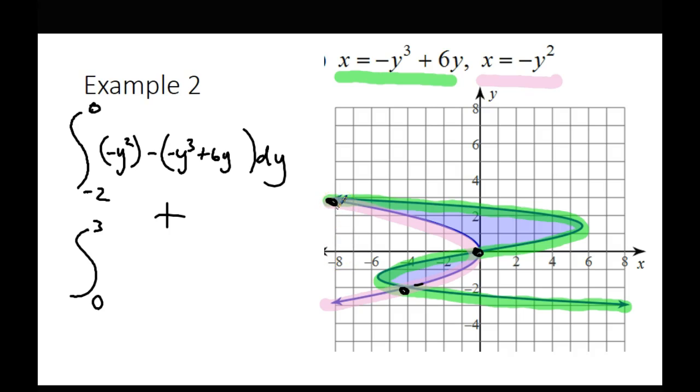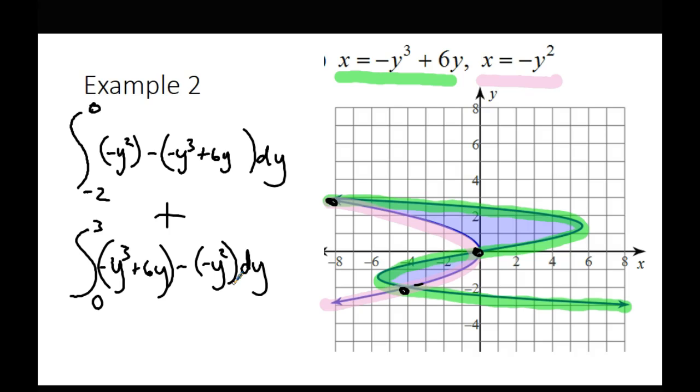And in that case, which function is coming first? The green one. So that's negative y cubed plus 6y minus a negative y squared dy. And that would give me the area between those two curves horizontally with respect to y.